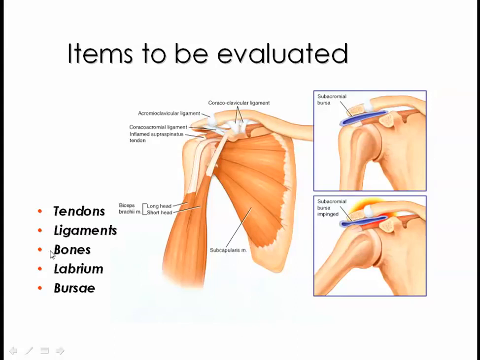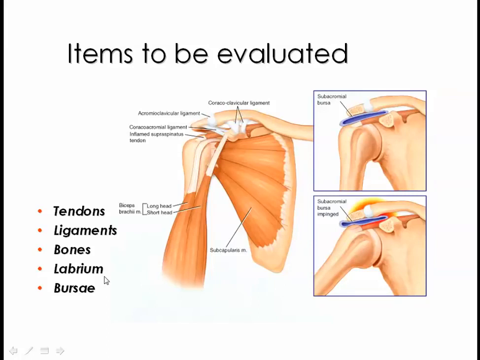Then considering the bones, we would like to have an idea about this very important joint, the acromioclavicular joint. We also mention something about the acromion shapes. And the labrum, we have 4.